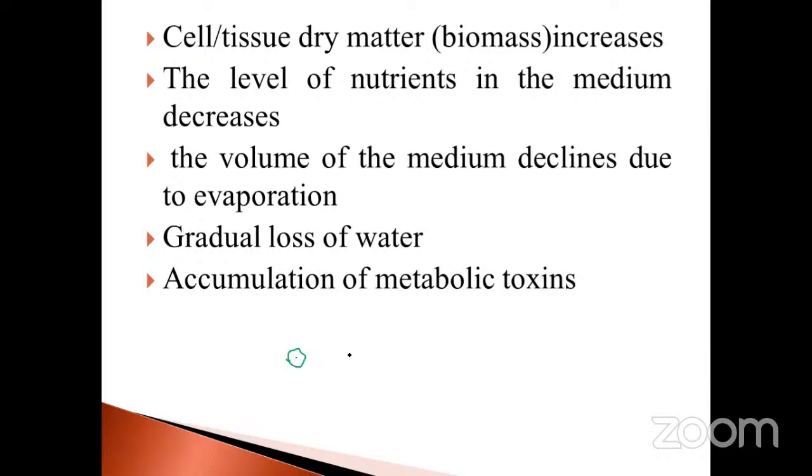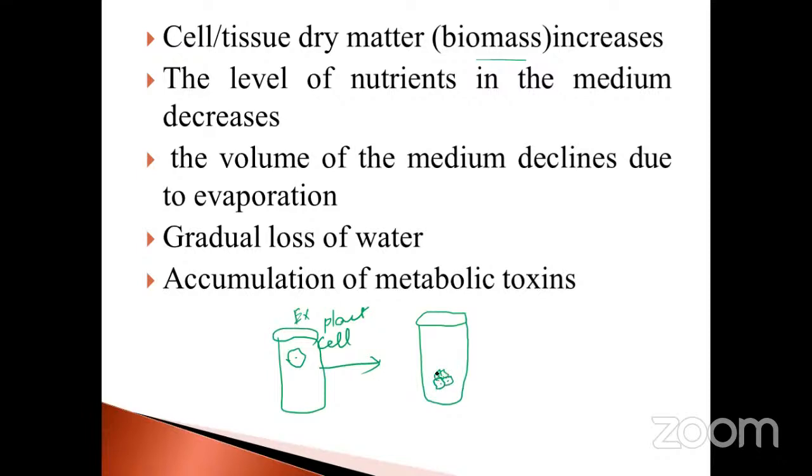You placed only one plant cell, otherwise called an explant cell, inside the test tube. After 3 weeks, the cell biomass has increased. Here cell division takes place, so a single cell becomes a mass of cells.